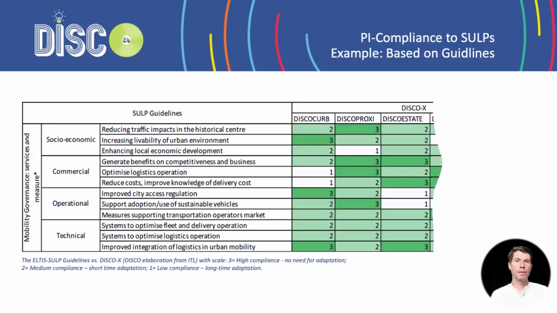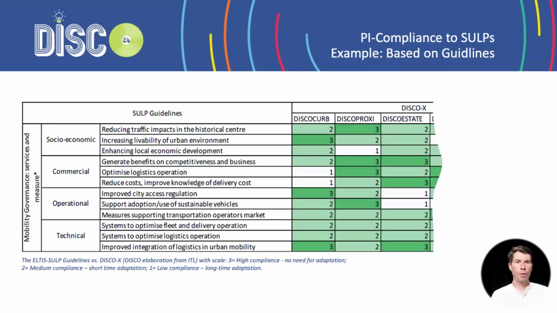And this is a non-profit European portal for transport measures, policies, and practices implemented in cities and regions in Europe. The guidelines address important goals and aspects within, for example, socio-economic, commercial, operational, and technical dimensions. With the help of this structure, DISCO-X can now be checked for compliance with the formulated guidelines.